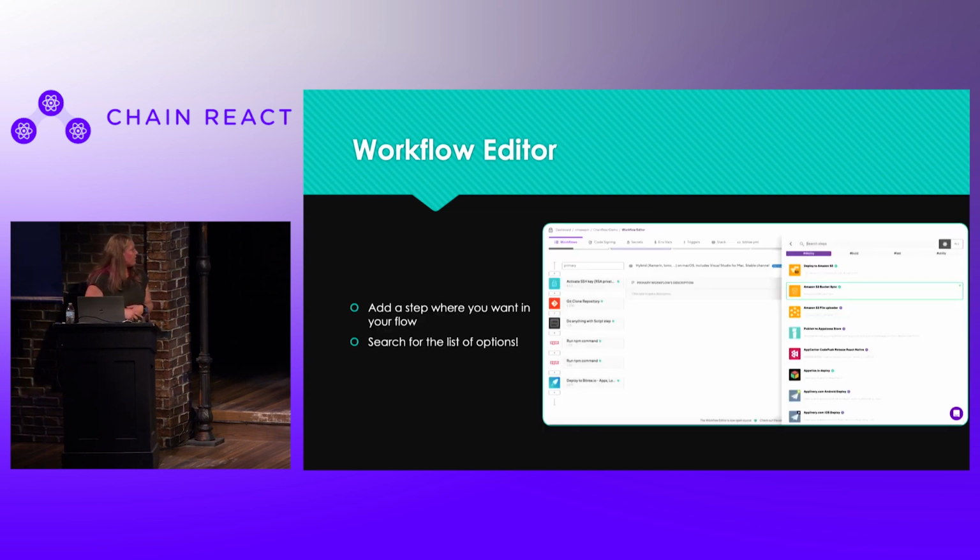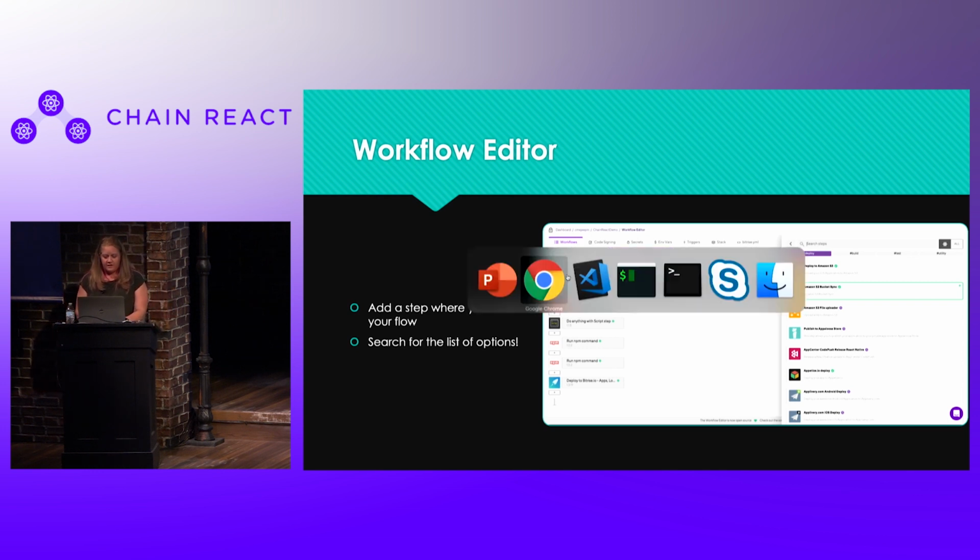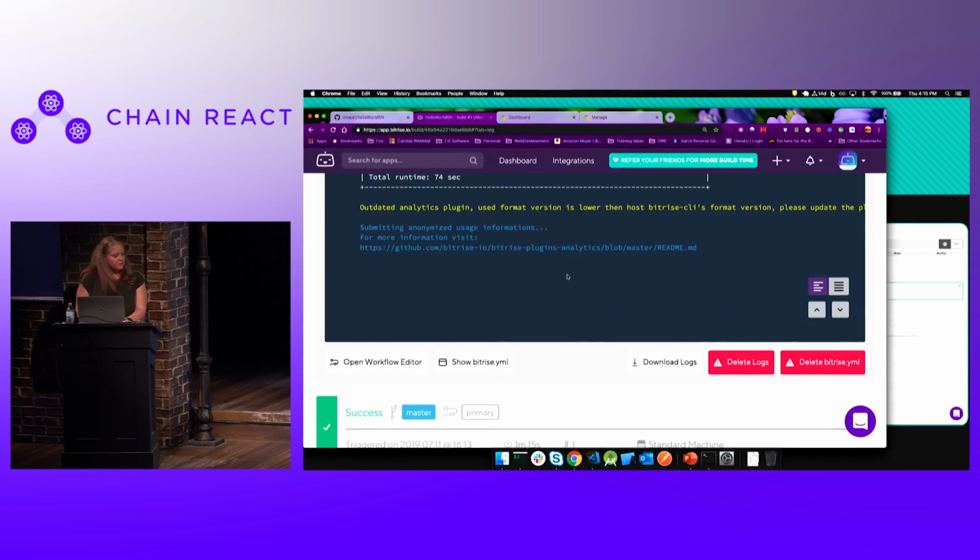So this is what the workflow editor looks like, and I'll actually go in there and show you. There's a ton of options. You can search by categories like, oh, I'm looking for Android specific, I'm looking for the build, I'm looking for the iOS test pieces. So let's flip back over to Chrome here.